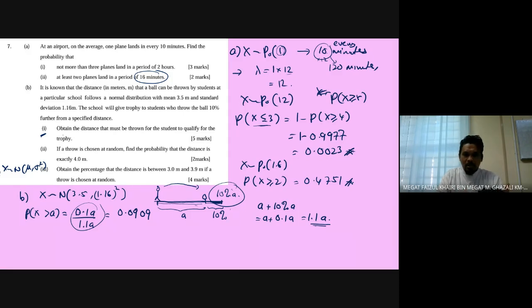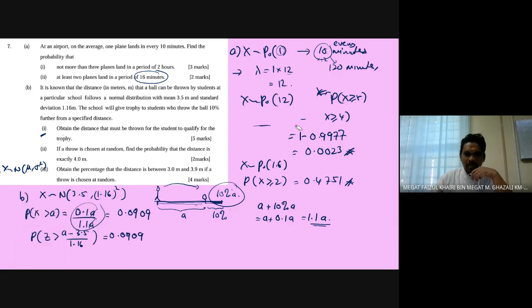Press the calculator. 0.1A divided by 1.1A, so A cancels, and 0.1 divided by 1.1 gives you 0.0909. That's it. So the probability of Z greater than (A minus 3.5) divided by the standard deviation 1.16 is 0.0909.